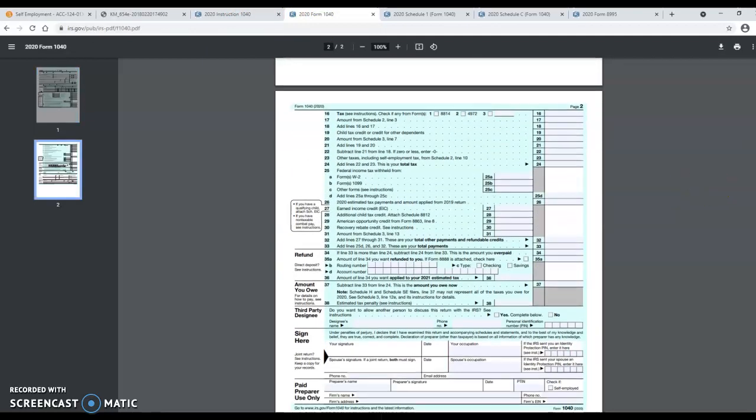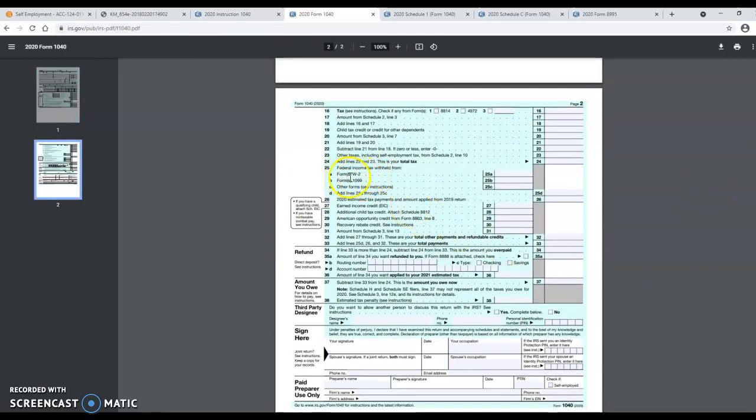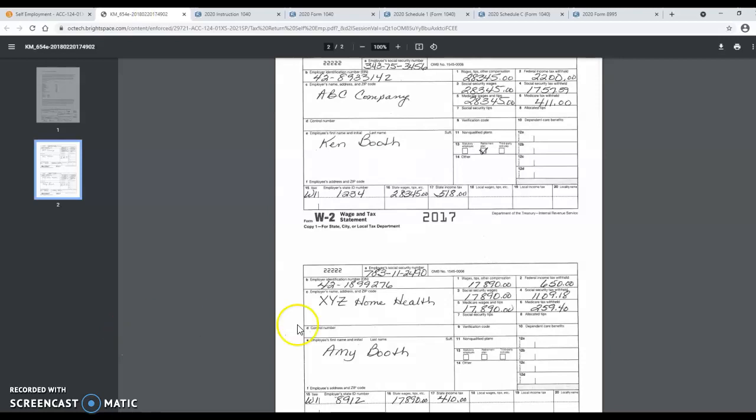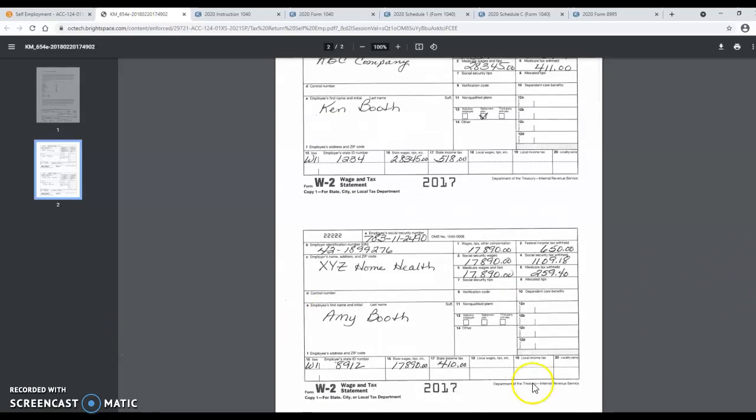We'll go down on page 2 under the Forms W-2, federal tax withheld. There's also $410 in state income tax and $518 in state income tax from his.